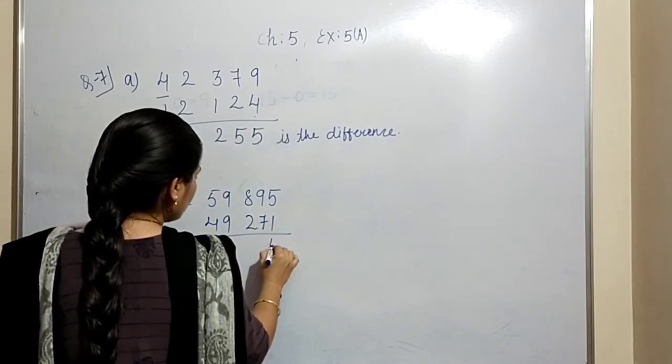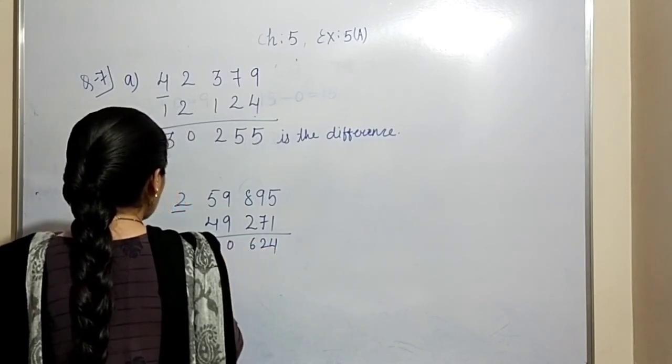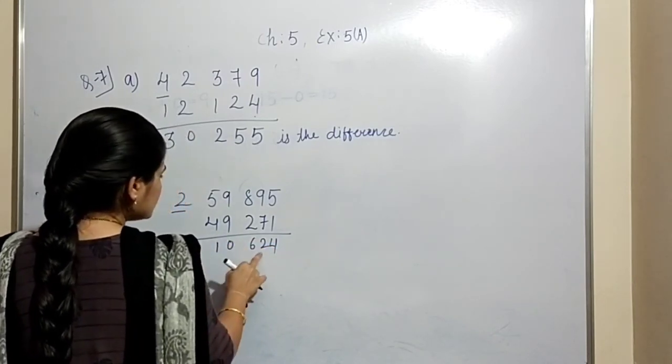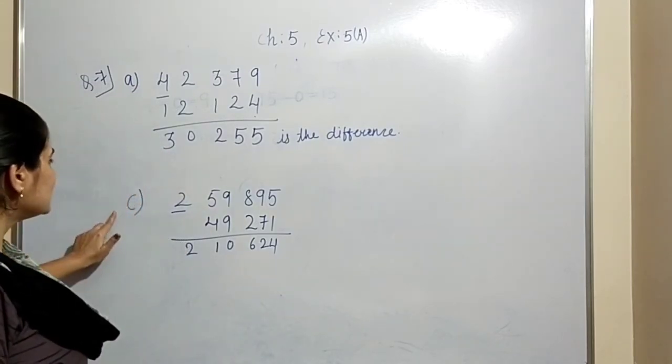Okay, 4, 2, 6, 0, 1, 2. 2,10,624 is the answer. Okay, this is question number 7C.